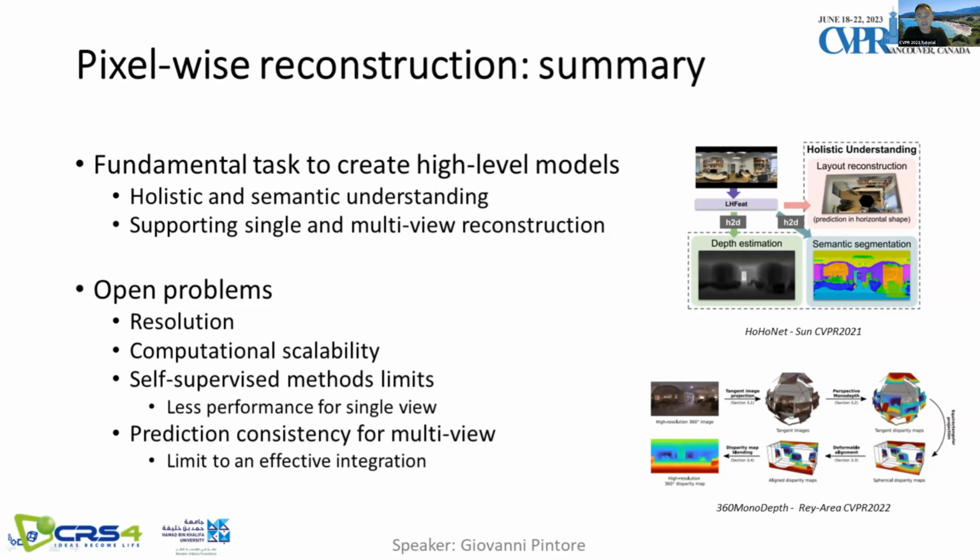Another aspect is the multi-frame consistency. Very few works address this problem. This is still a limit for an effective integration of dense single-view prediction and structure from motion pipelines, for example. In this case, multiple predictions, for example from nearby positions, will not be consistent in terms of geometry and lighting.